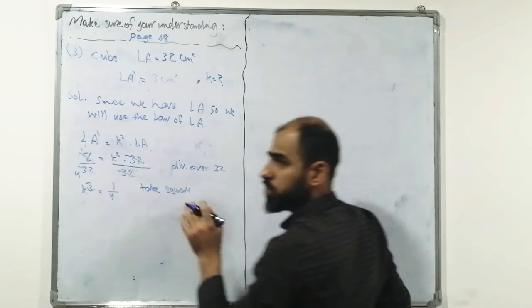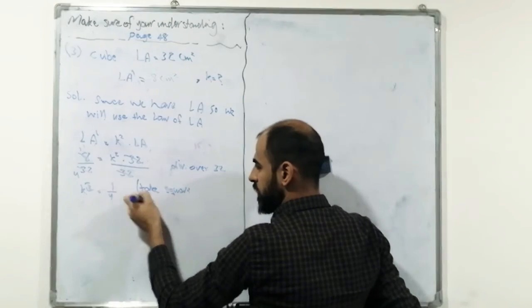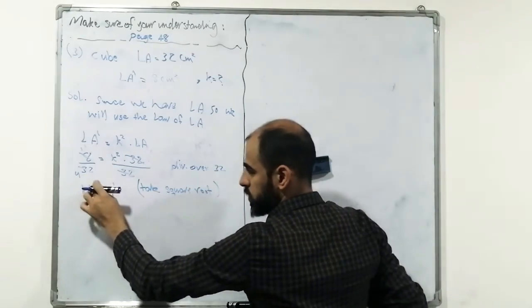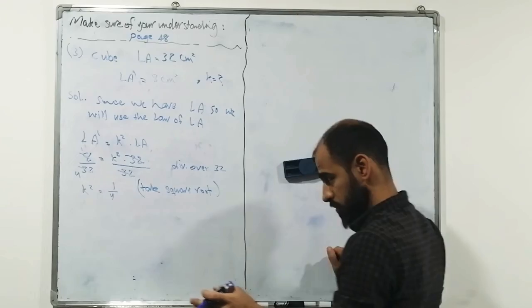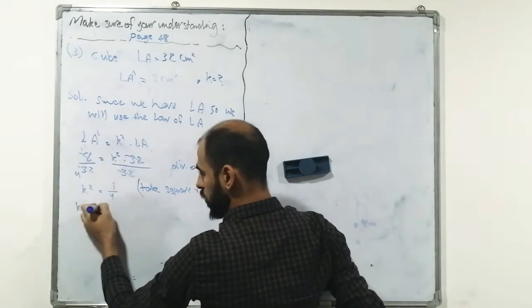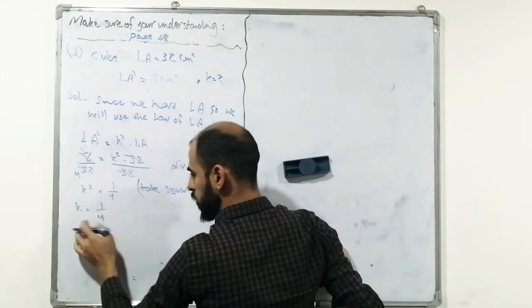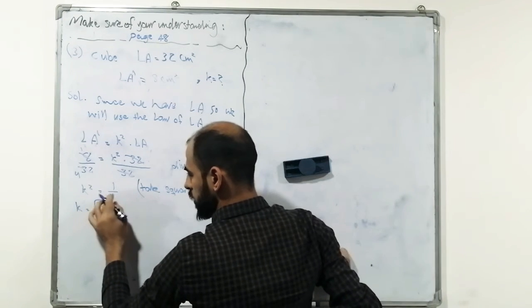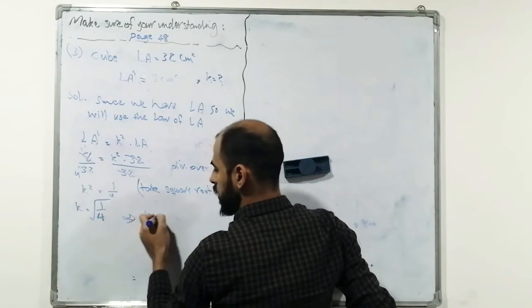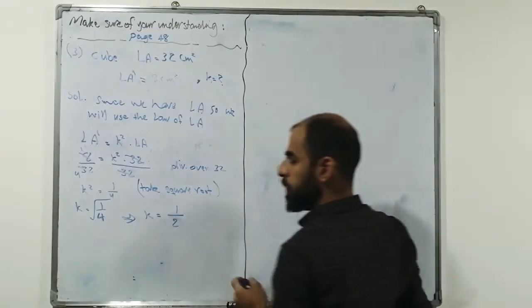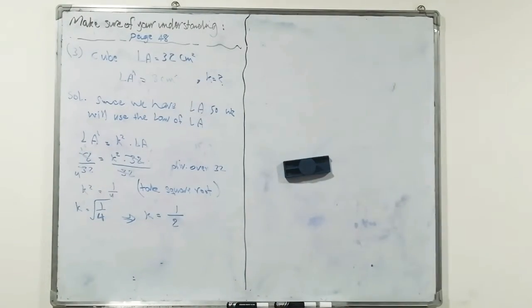To delete the power 2 of the variable. If you remember the way of solution of the equation. So k equal square root of 1 over square root of 4, that leads k equal 1 over 2. That is the dilation coefficient of the shape.